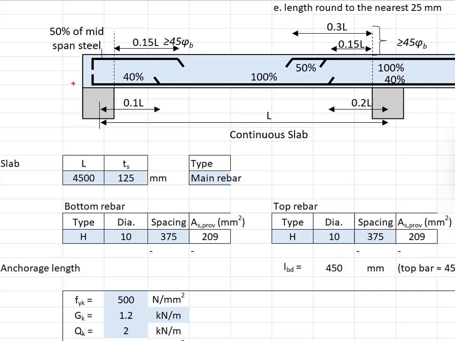This will be the effective depth to the bottom reinforcement. You will do the same for the effective depth of the top reinforcement. Use the thickness of the slab minus the nominal cover minus half of the bar size.